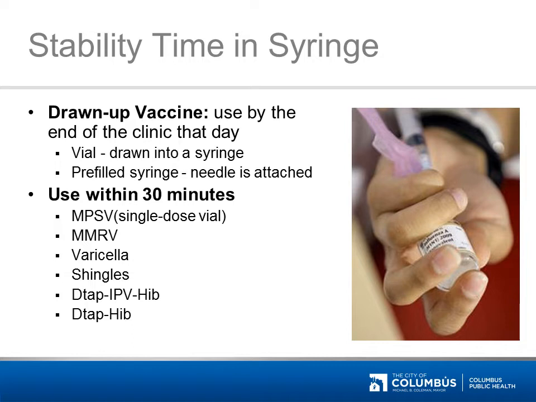No drawn-up vaccine should be stored overnight. Additionally, single-dose vials of MPSV, MMRV, varicella, shingles, DTaP-IPV-Hib, and DTaP-Hib have shorter viability and must be used within 30 minutes of being drawn up. MCV should not be drawn into a syringe until immediately before use.